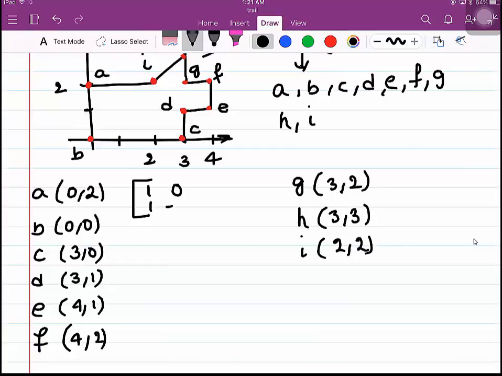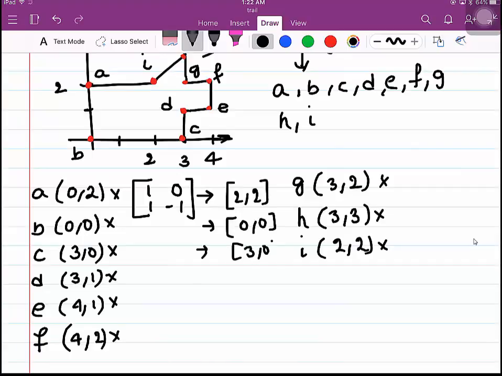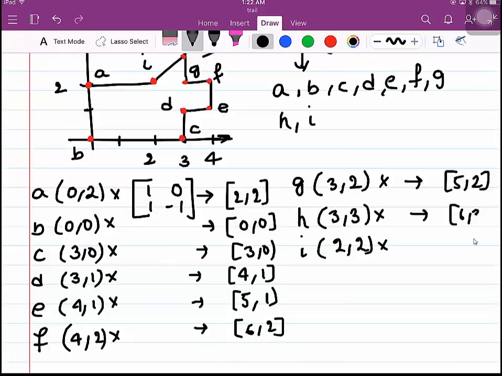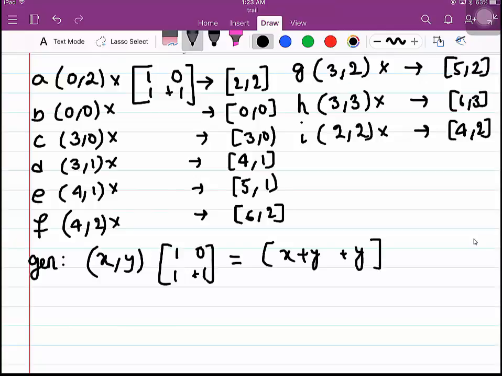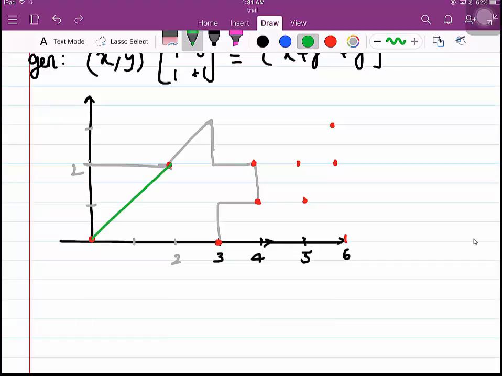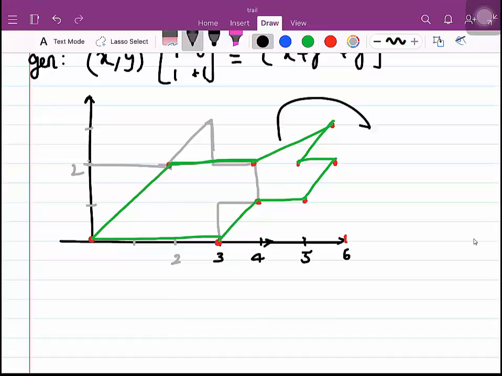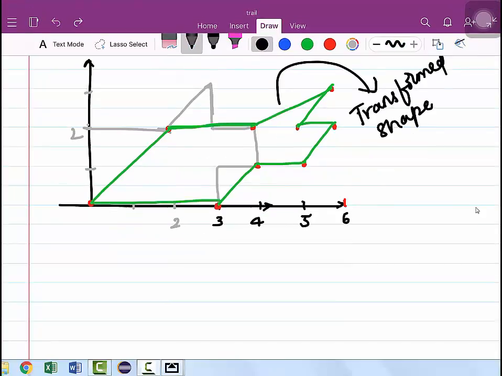In this case, I am taking the matrix to be 1, 0, 1, -1. If I multiply each and every point with this matrix, I get a new coordinate for the old point. Next, I plot these points and connect them in the order that I have taken. If I do that, this is the shape that results. So this is our transformed shape.